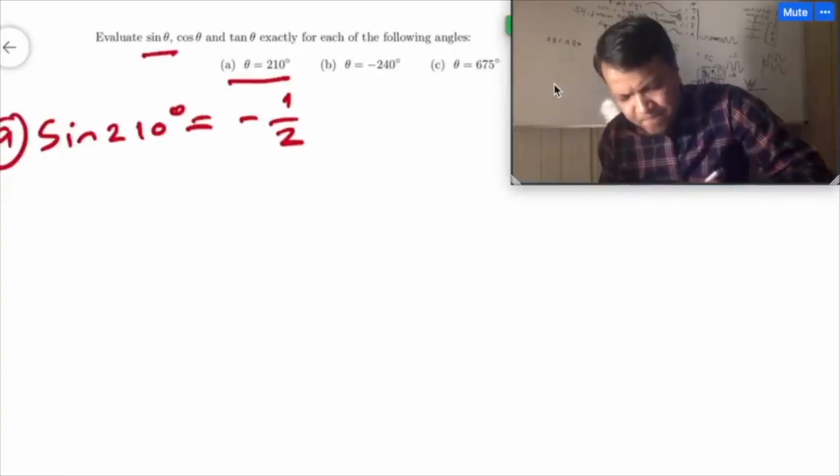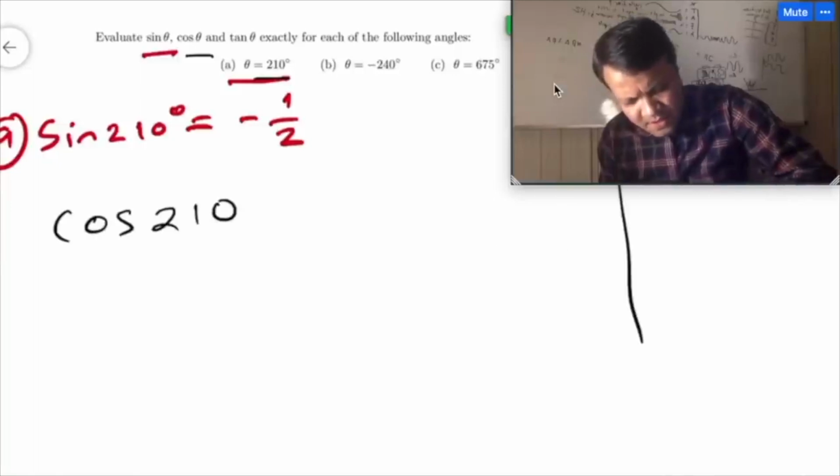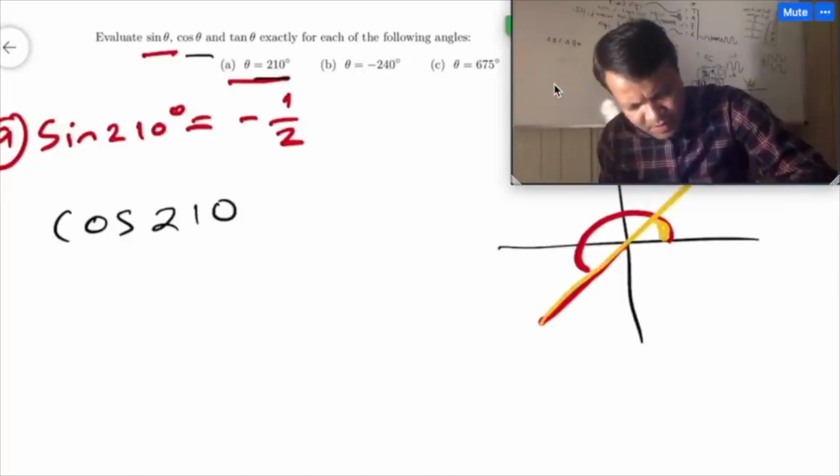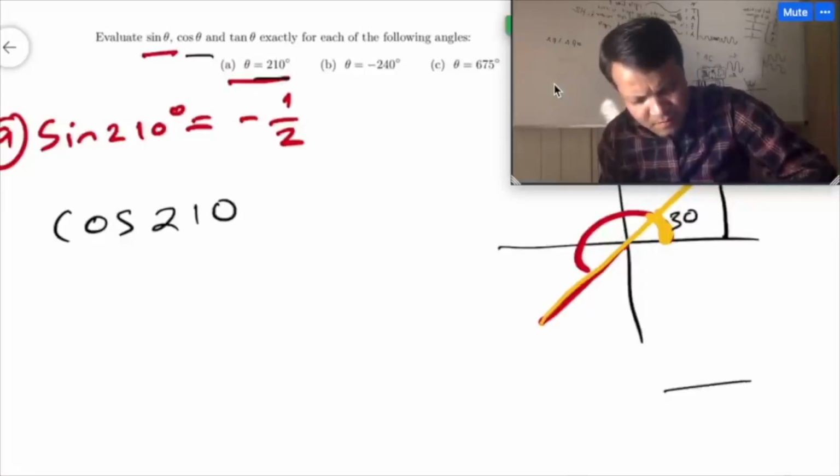Now we're going to do B. B is cosine 210. Cosine 210 is also in the third quadrant, so this must be cosine 30. If this is 30 degrees, then this is 1, this is root 3, and this is 2.